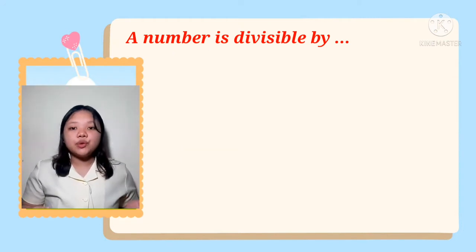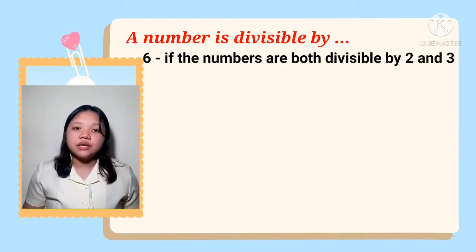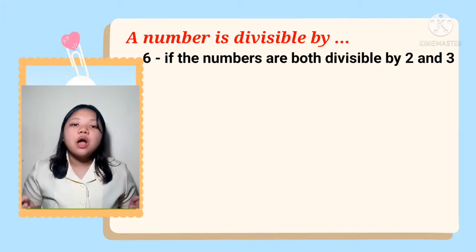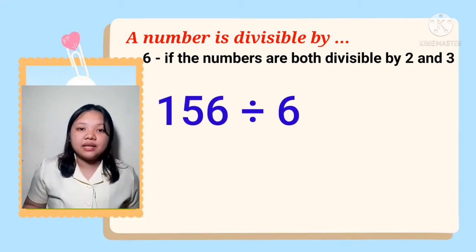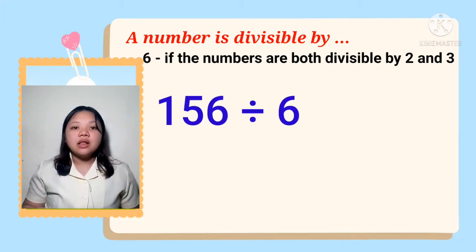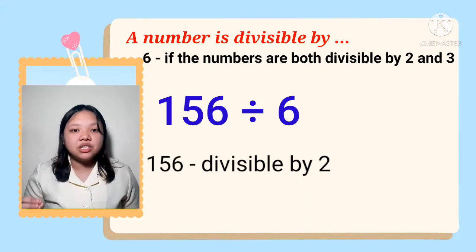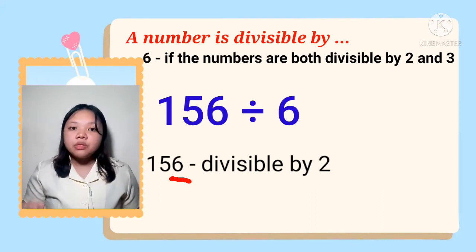For the divisibility rule of 6, if the number is divisible by both 2 and 3, therefore it is divisible by 6. So for example, 156 divided by 6. First, let's check if it is divisible by both 2 and 3. From 156, the last digit is 6, which is an even number. Therefore, it is divisible by 2.